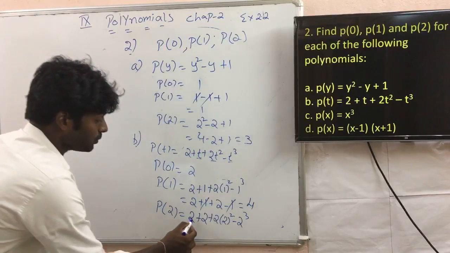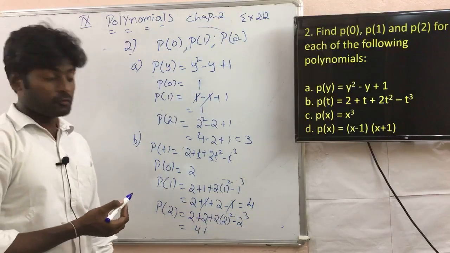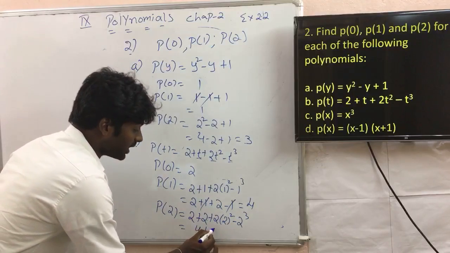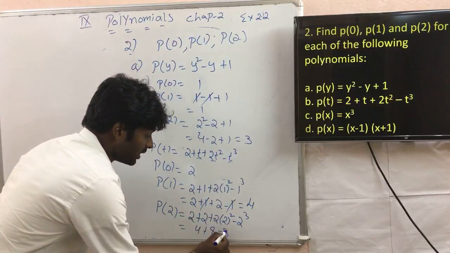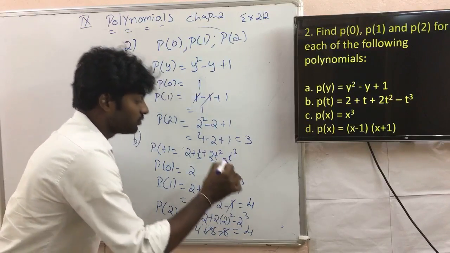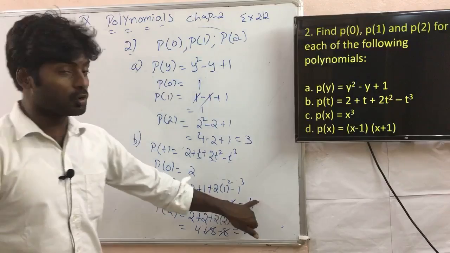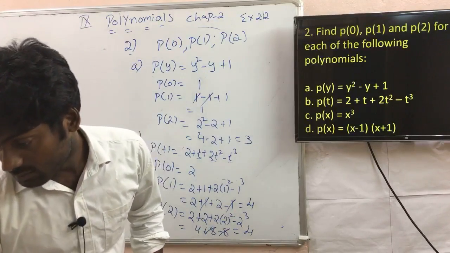Now 2 plus 2 is 4, plus 2 square, 4. 4 2s are 8, minus 2 cube, 8. 8 minus 8 get cancelled. You are left with 4. The answers are 2, 4, 4. Okay.